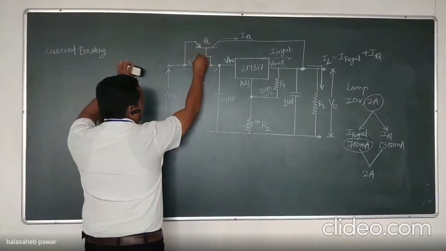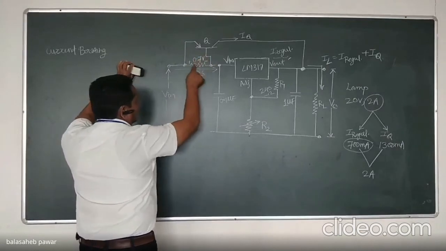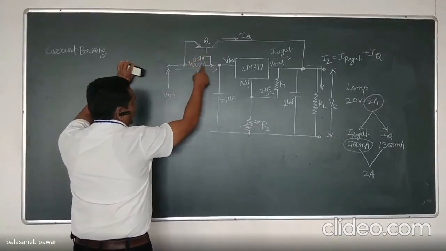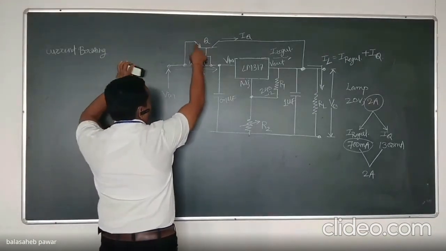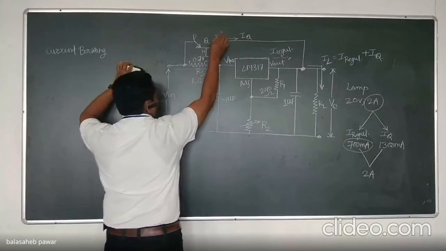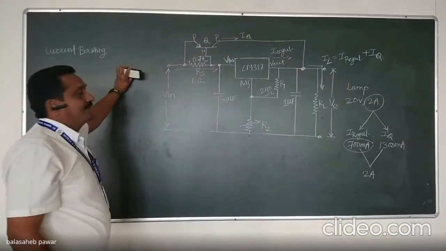Now see, that drop will become 0.7, and the positive potential of that drop is connected to the emitter terminal, as it is a PNP transistor, which you studied last year, BJT, NPN and PNP.